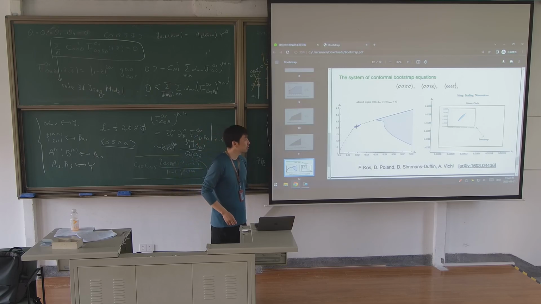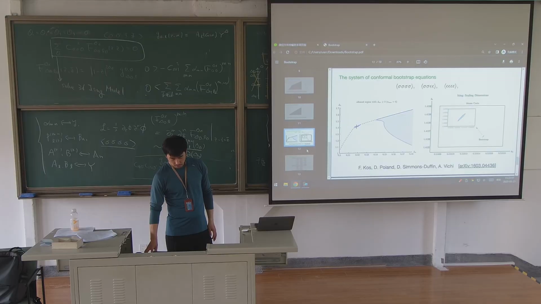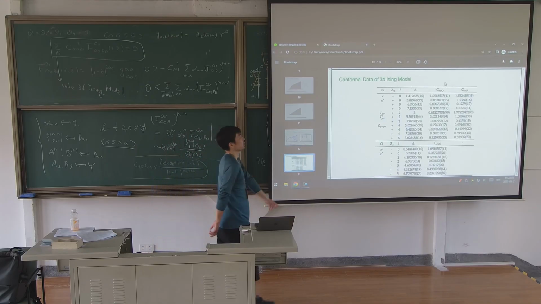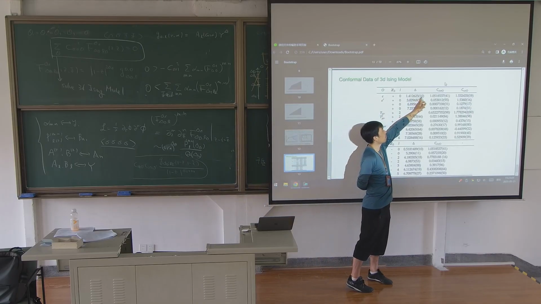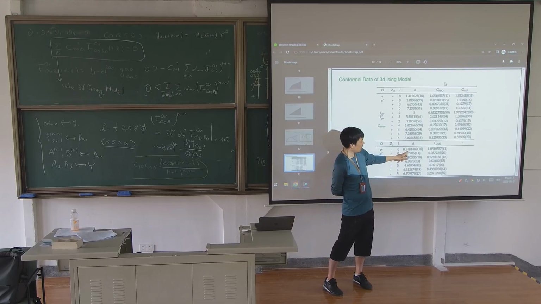Therefore the bootstrap equation is much more efficient. That's how they solve it, and the values here are as follows. The conformal dimension epsilon is 1.4 and so on, and sigma is 0.51 and so on.